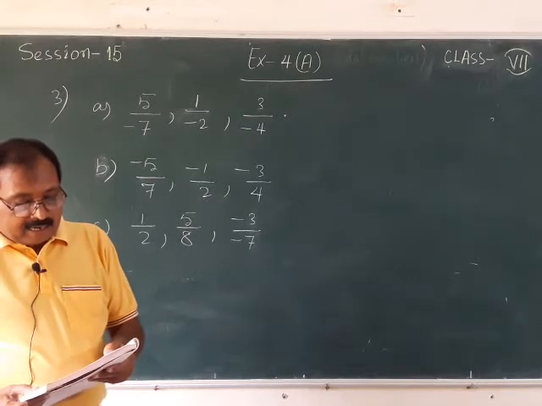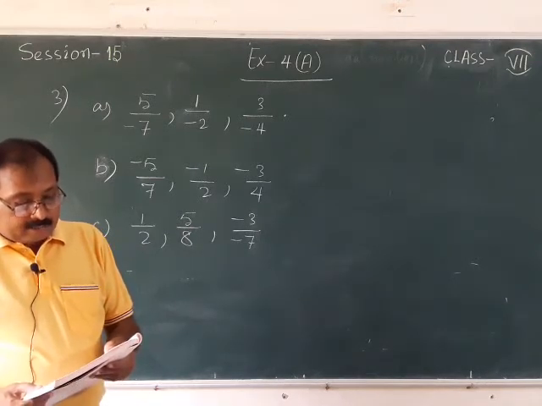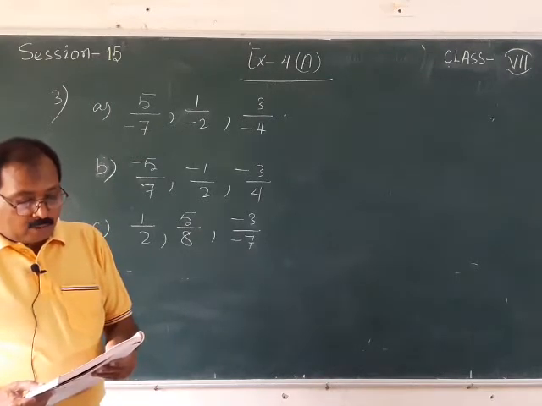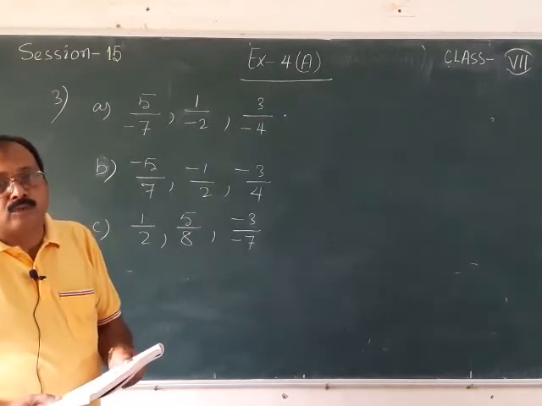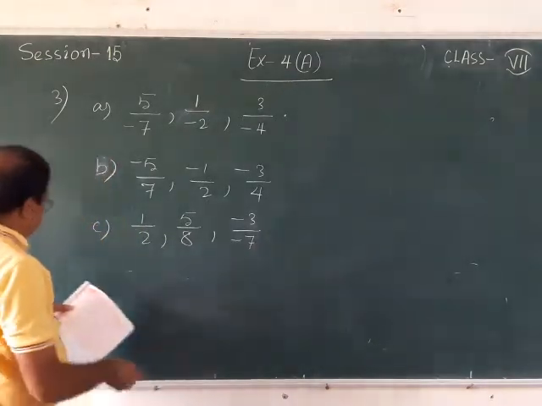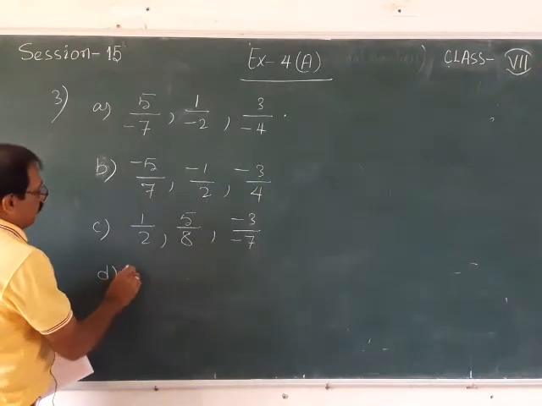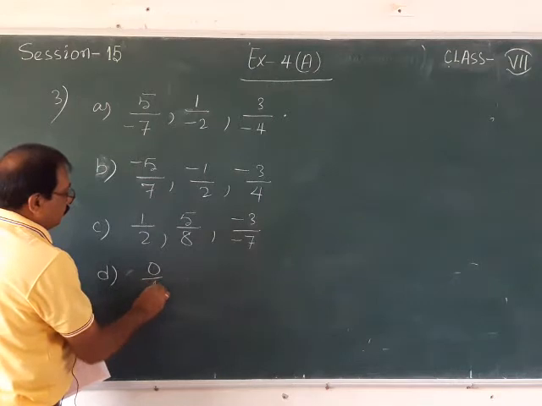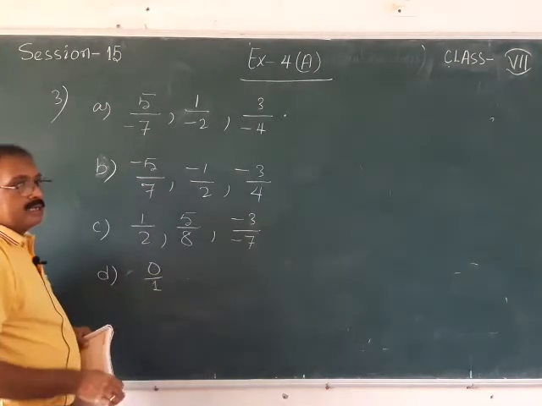Now D number, neither positive nor negative. You can write 0. So 0 is a rational number which is neither positive nor negative. Here I can write 0 upon 1. The answer is only 0.